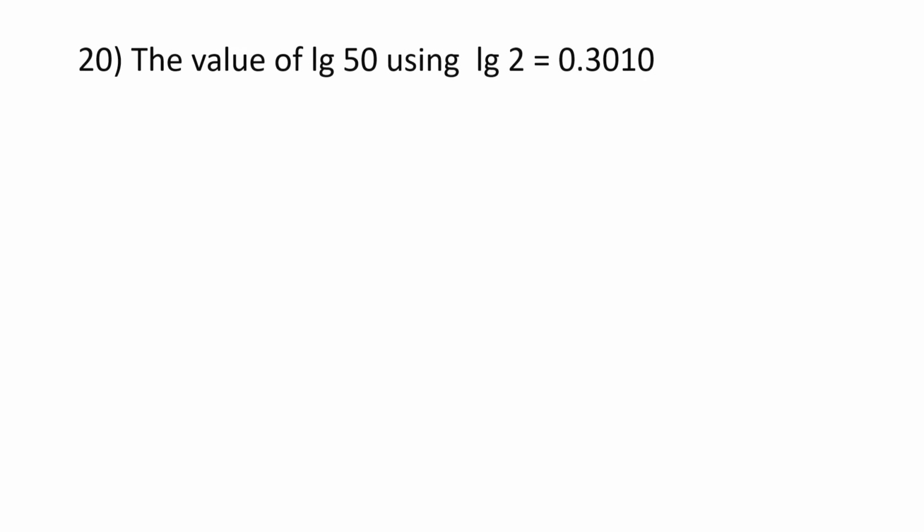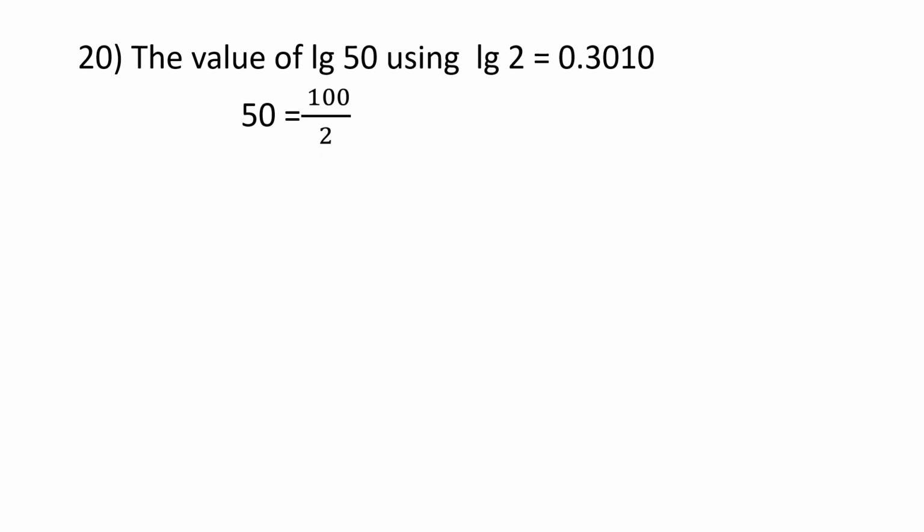Now the question number 20. The value of LG50 using LG2 equals 0.3010. You have to find LG50 but given LG2. So what is the relationship between 50 and 2? You can write 50 equals 100 divided by 2.